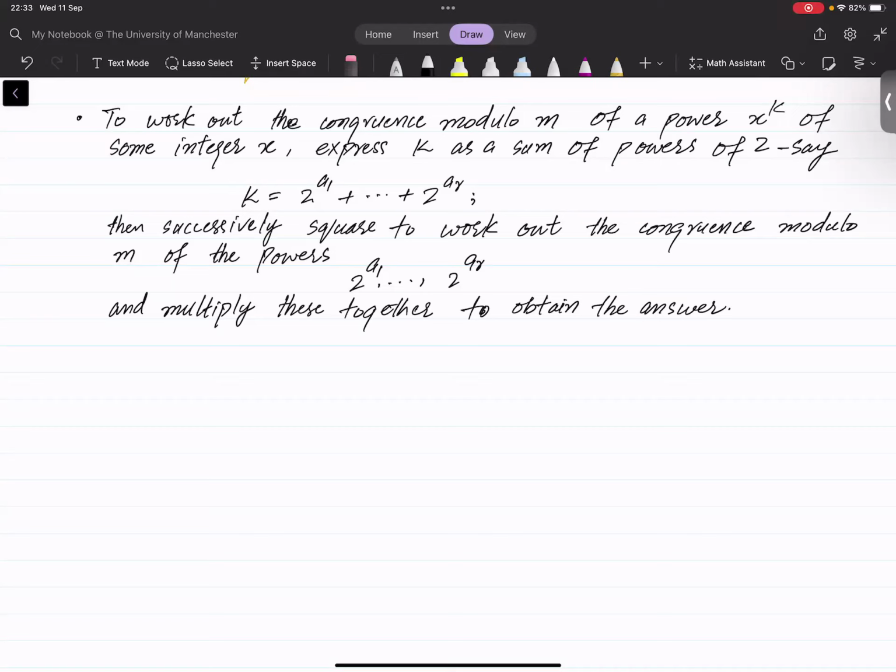Sometimes this effort can be reduced with some clever trickery, as in example 13.2. Okay. A few more examples.